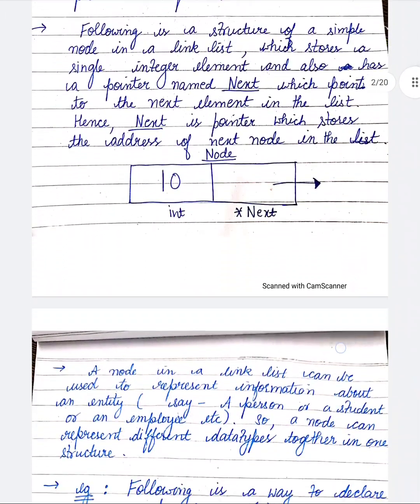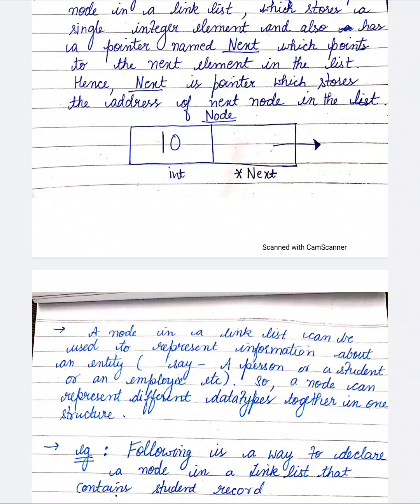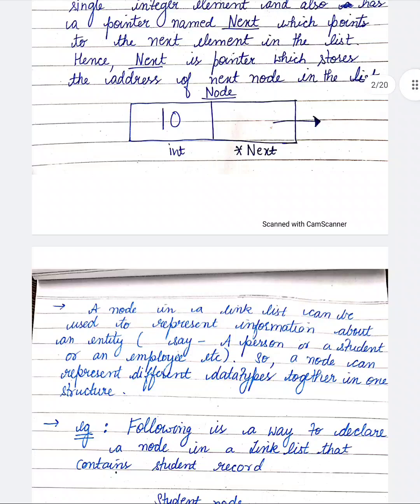So this is the basic structure of a node of a linked list, which has a data type and a pointer next, which points to the address of the next node. This data type can be as simple as an integer, as you can see in the diagram. We have given 10, and next is a pointer which points to the address of the next element.